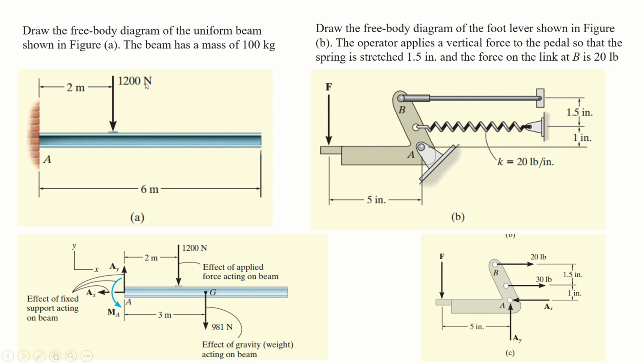So the first force, which is 1200 Newton, is shown on this figure, and also the weight of this beam, which is 100 kg multiplied by the gravitational constant, 100 into 9.8 is 981 Newton, which is also acting downward, and it is acting at the center of mass of this beam which is at point G. These are the two action forces, and then the reaction forces, because it is supported at this wall, and it cannot move in the x direction, nor can it move in the y direction.